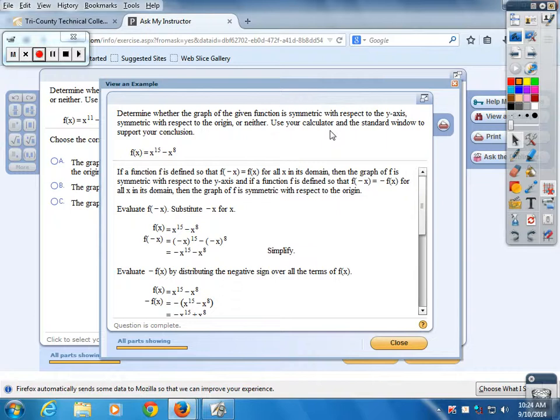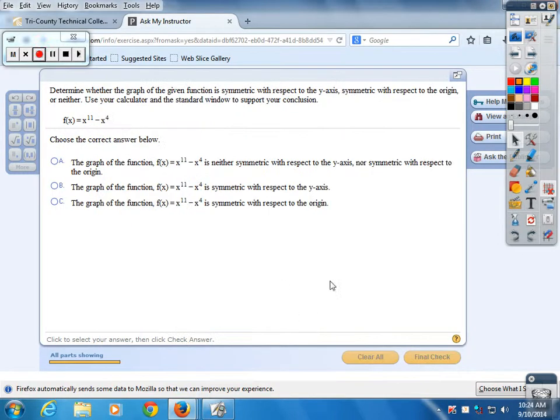And then you check to see if f of negative x is equal to negative f of x. So let's go ahead and see. And the number of this one, did y'all write down what number it was? 2.1 and 22. Thank you.